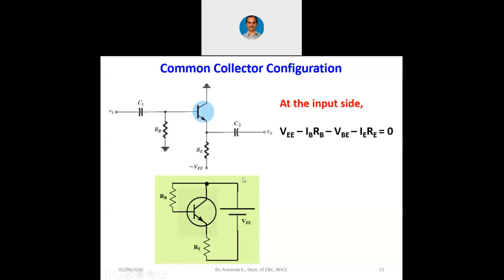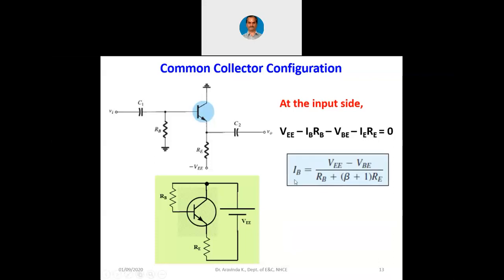Total voltage is VEE. There is a voltage drop across RB, a voltage drop across the base to emitter junction, and a voltage drop across RE. We can straight away write VEE minus IBRB minus VBE minus IERE equals 0. Now you already know that IE is nothing but 1 plus beta into IB. Substituting the value for IE as 1 plus beta into IB, we can straight away write an expression for IB.